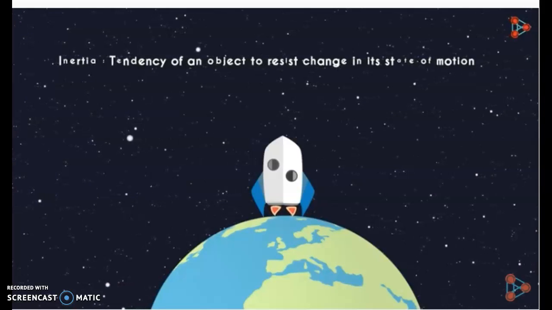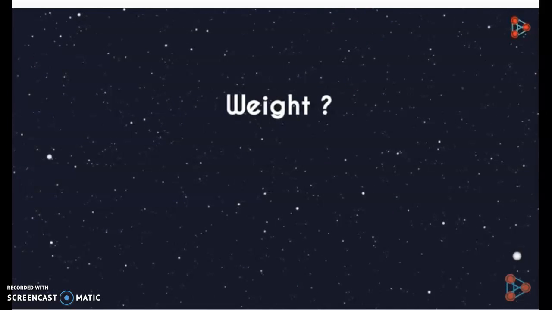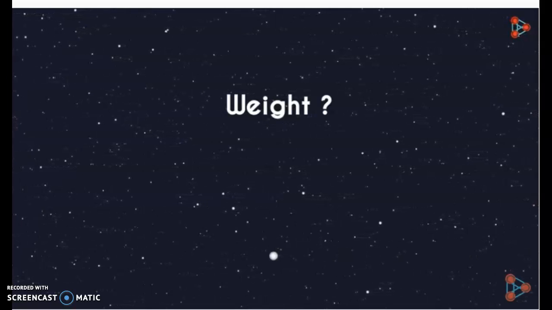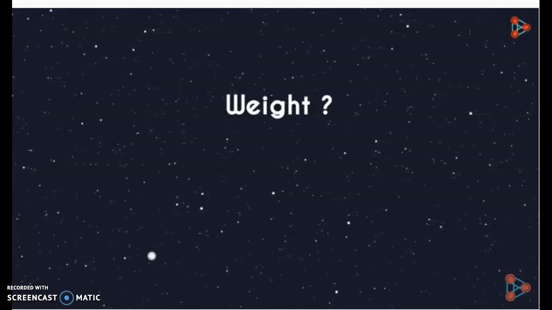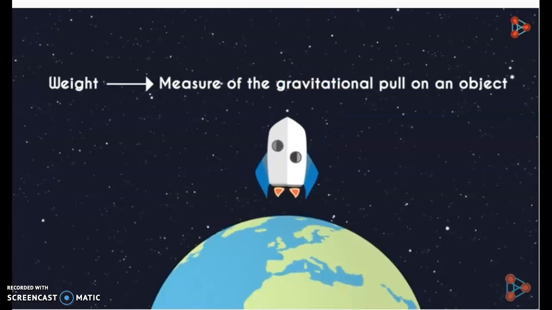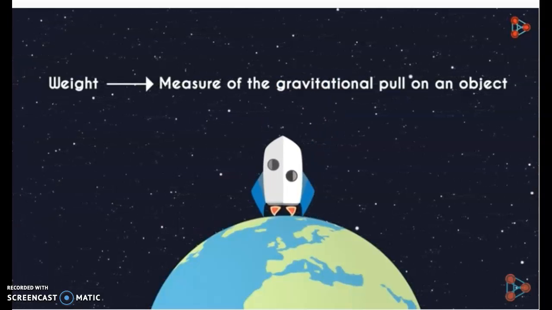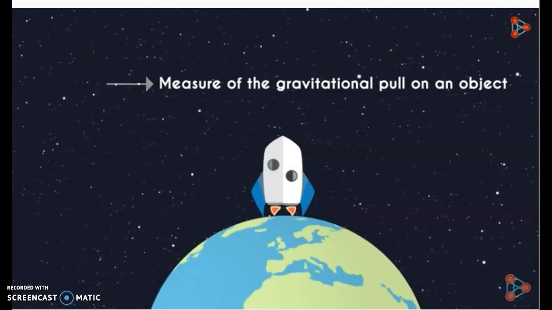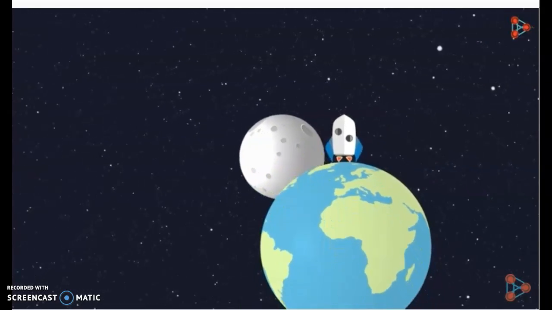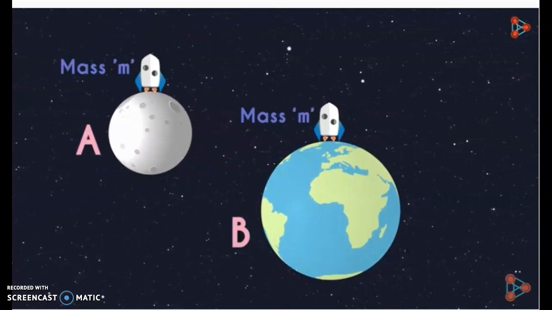So now we have an idea about what mass is. But what's weight then? How do we understand the weight of an object? Mass is nothing but the measure of how much matter an object has. Weight is a measure of how strongly gravity pulls on that matter. It's the measurement of the gravitational pull of an object. Let's understand this using a simple example. Say there are 2 places, place A and place B, and there's an object of mass m.